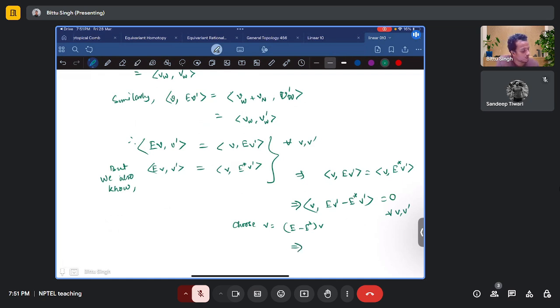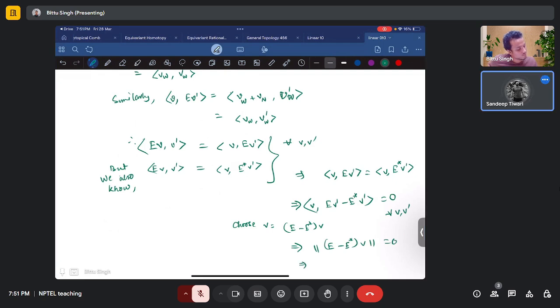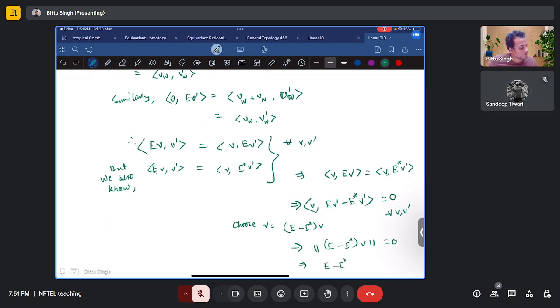Yes, I am proving that part. That is actually repetition. E minus E star of V. Yes, sir, the norm is 0 only when the vector is 0. Therefore, E minus E star V equals 0.